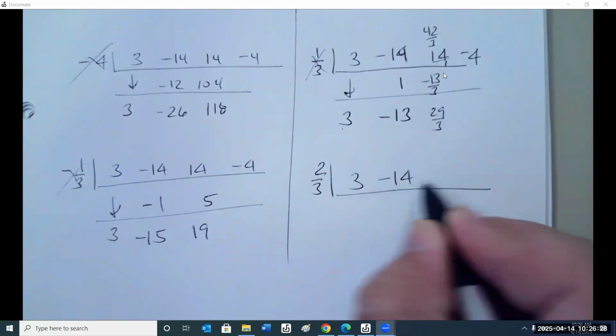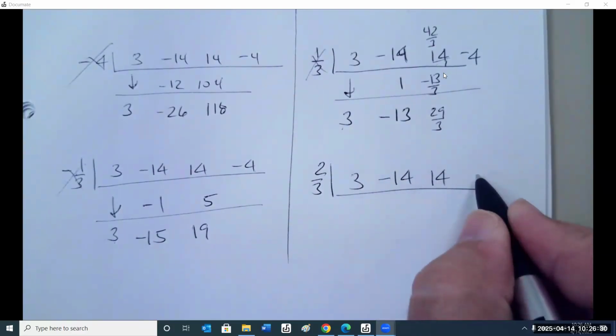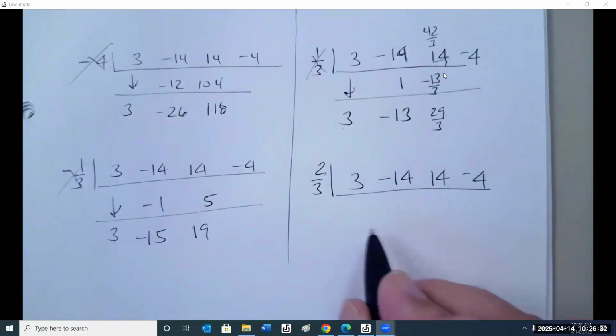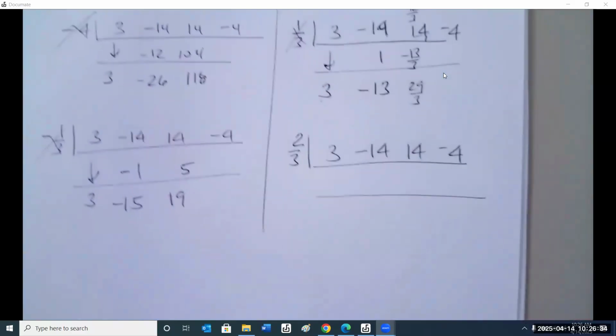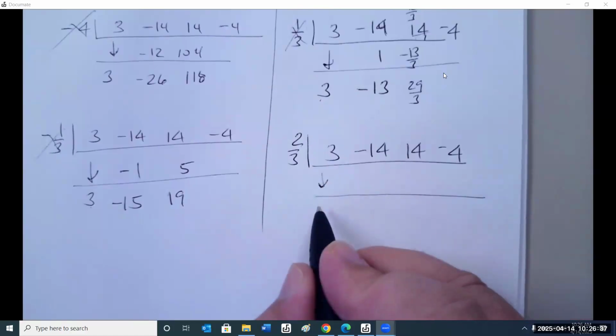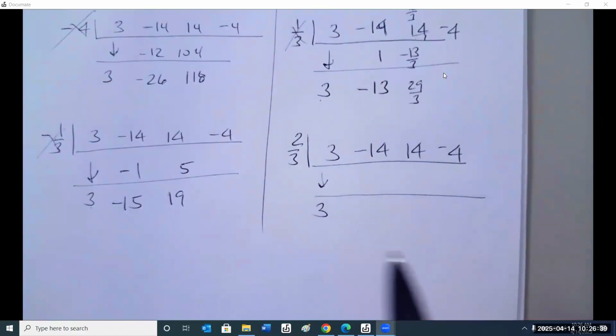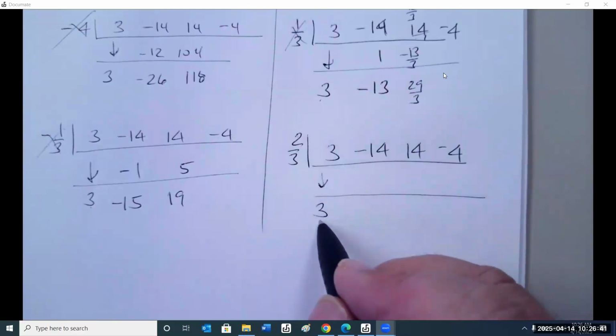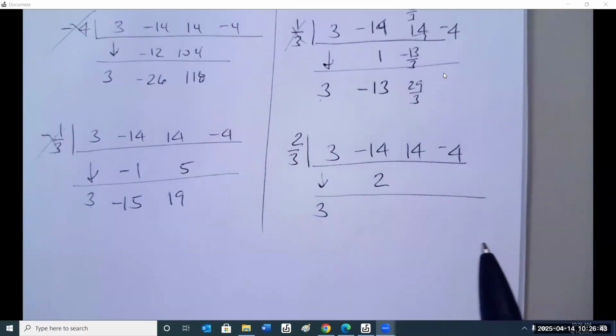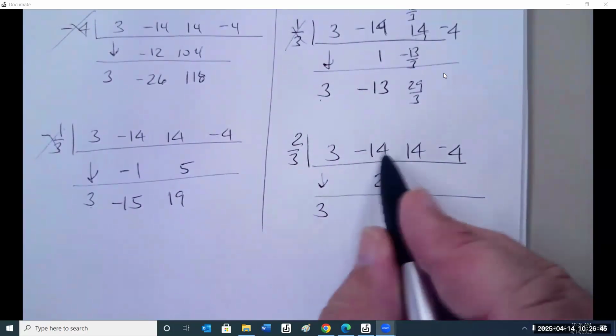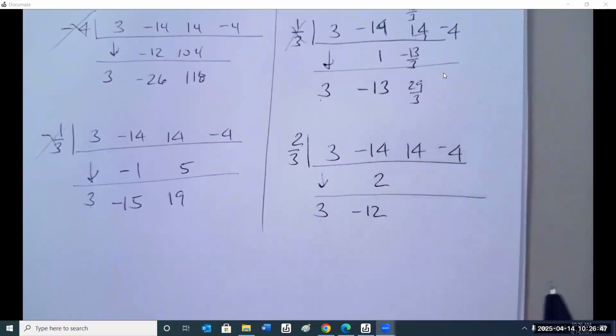Three, negative 14, 14, negative 4. Three. So 2/3 times 3 is 2. Those 3's cancel. Negative 14 plus 2 is negative 12.